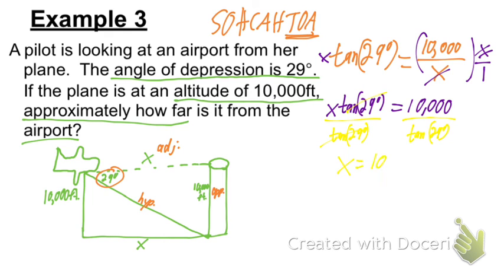X is equal to whatever 10,000 divided by the tangent of 29 degrees is. And remember, we're finding approximately how far it is. And let's go how far to the nearest tenth of a foot. X would be approximately 18,040.5 feet. If anybody does not get that in their calculator, please ask so I can help you get that.